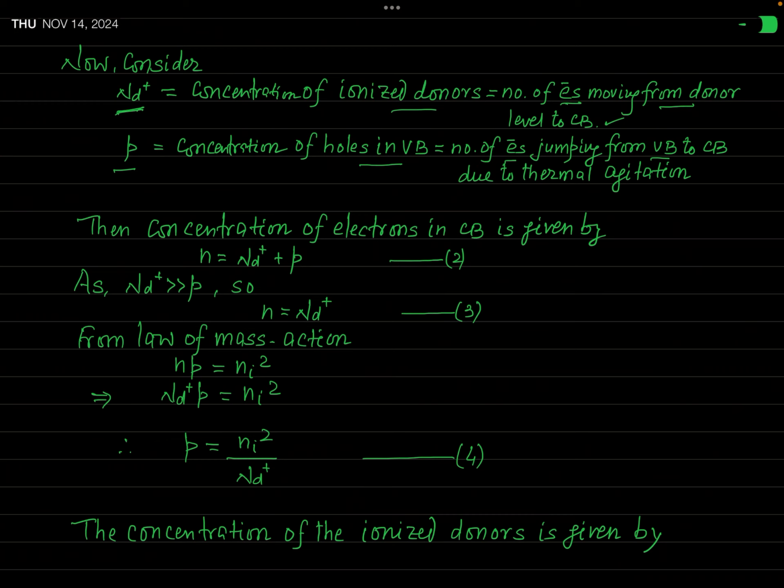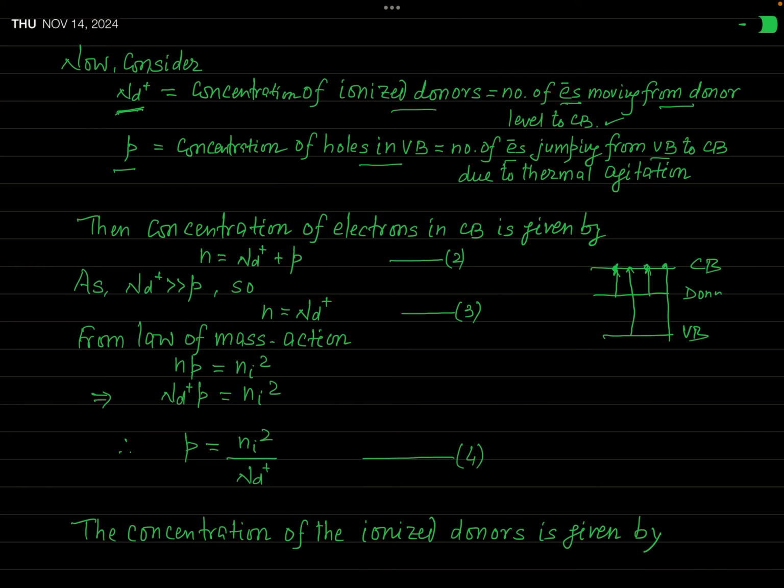So you can see, this conduction band gains electrons from two sources: one from this donor level, and on the other hand it also gains electrons from the valence band.